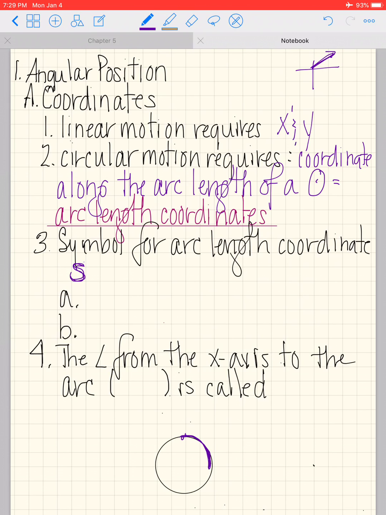All right, now little letter a under that, this is a vector only in the sense that it's going to be negative for clockwise and positive for counterclockwise. That should seem familiar to you. Do you remember where we've seen negative as clockwise and positive as counterclockwise before? Think about it for a minute. It was in torque. It's the same protocol that we used for torque.